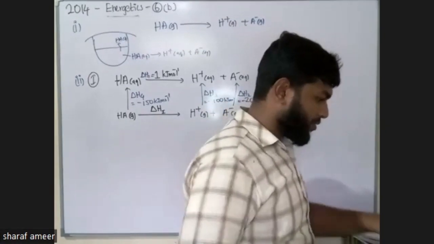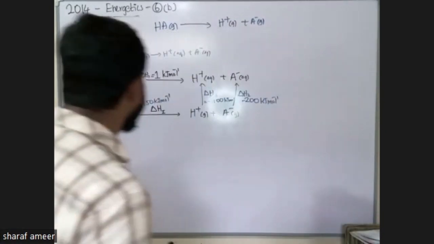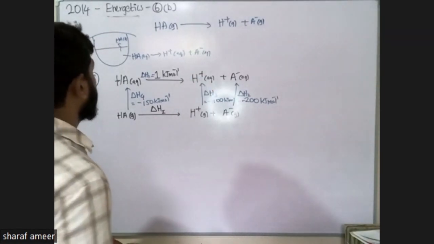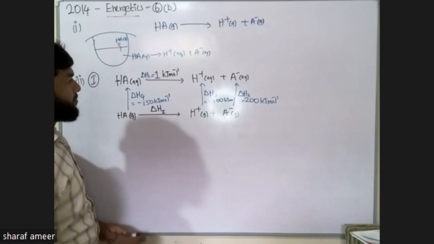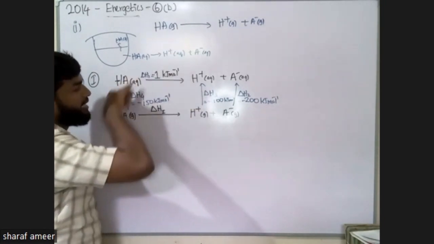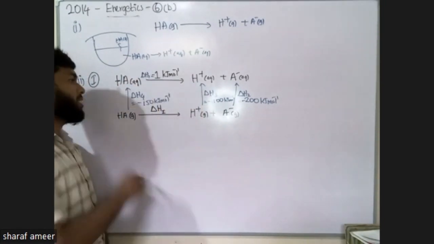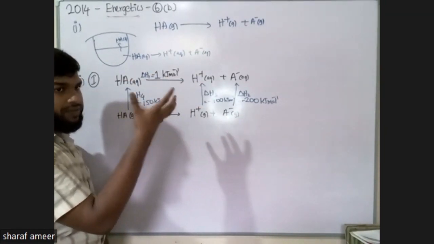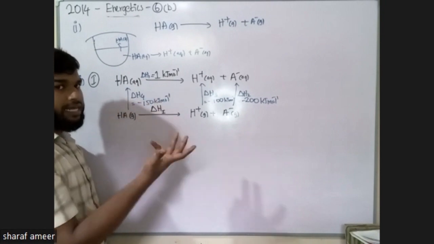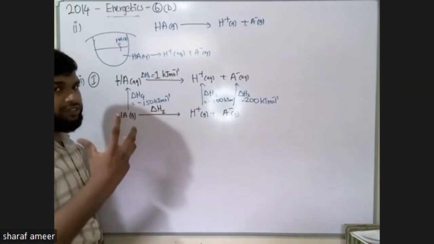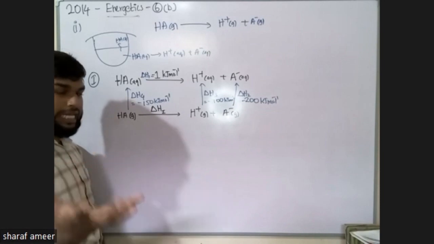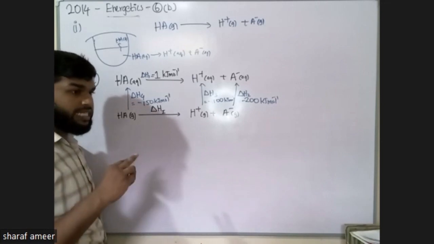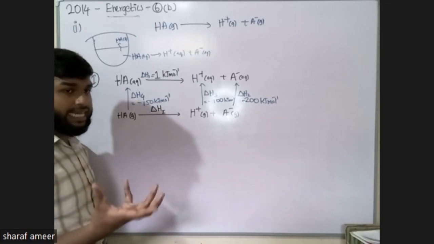Now see, I'm going to use the thermodynamic cycle because different changes are happening now. According to Hess law, the total summation must be equal to 0, because to find the enthalpy change we are doing this within a closed system, where heat is not transferred to or from the environment, like an isolated system.